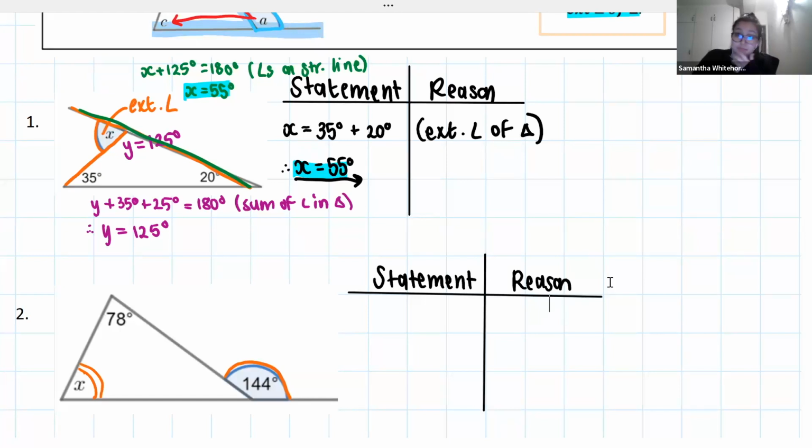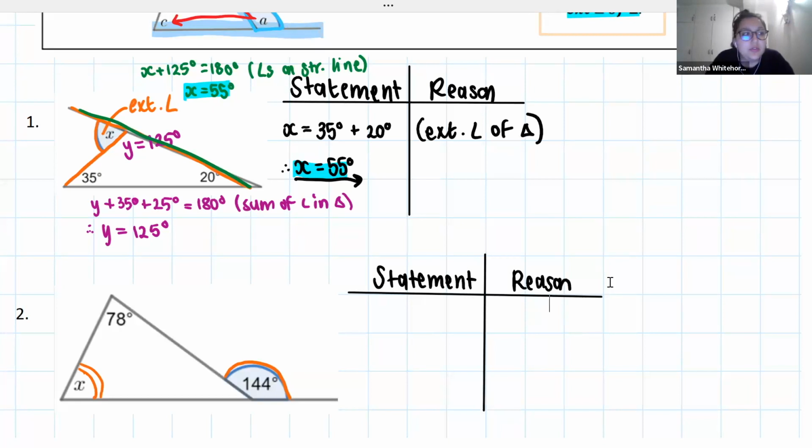Yes, you're still using the same logic. Just because you now know the exterior angle, the reason doesn't change. And guys, remember, you can check yourself. You know that if you add 78 plus X, you should get 144.